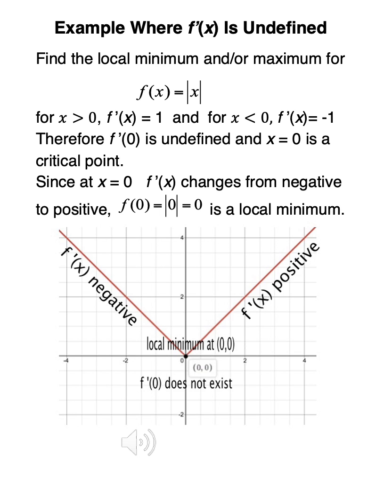You can see this in the graph, showing where the first derivative is negative, transitioning to positive. At 0 the first derivative doesn't exist, but using the first derivative test, it's still a local minimum.